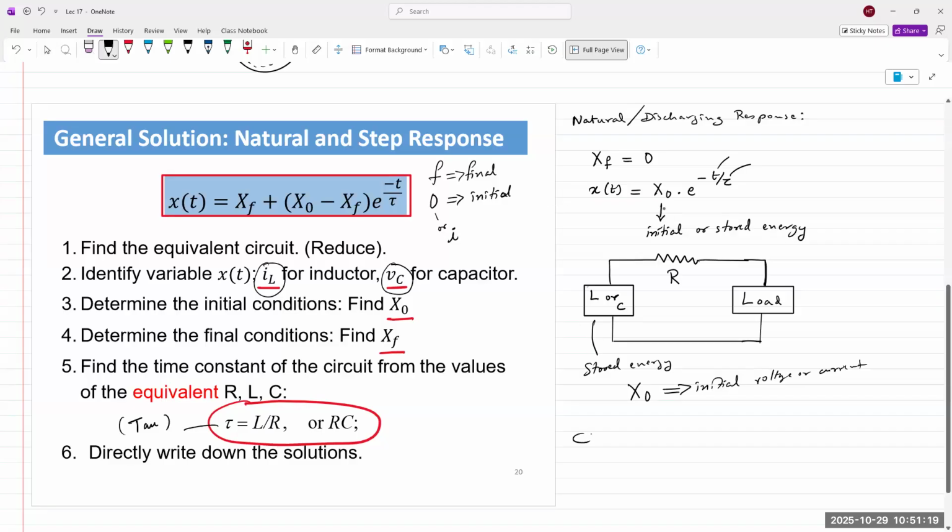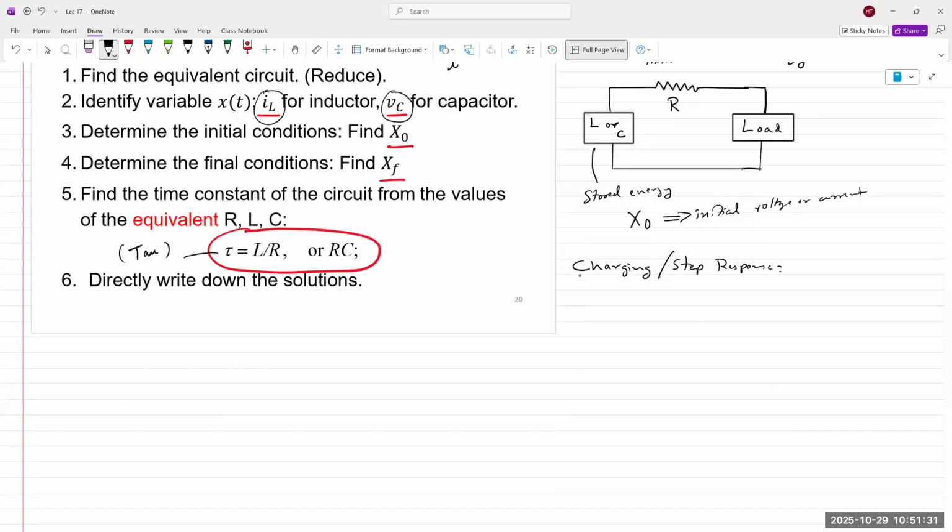If it's charging, or step response, then XF, the final value, is typically the source voltage or current.